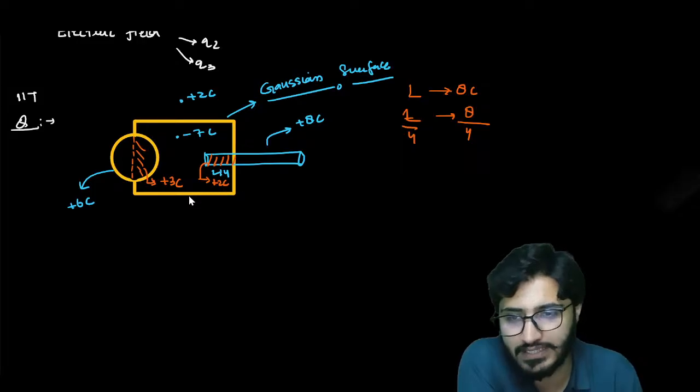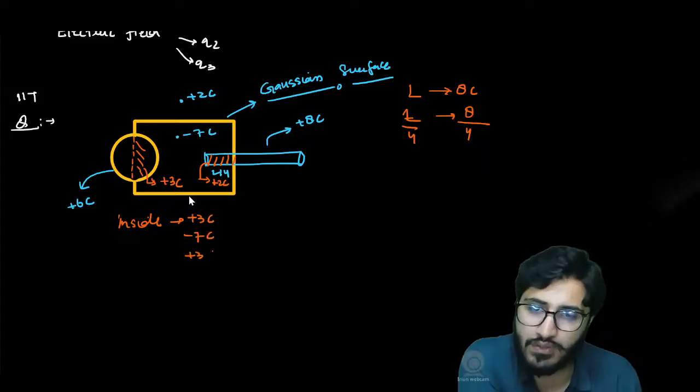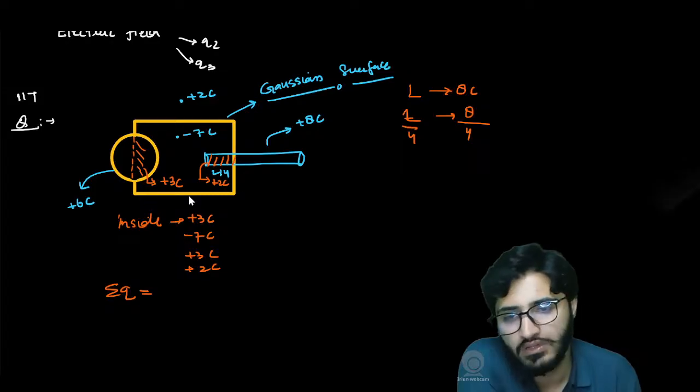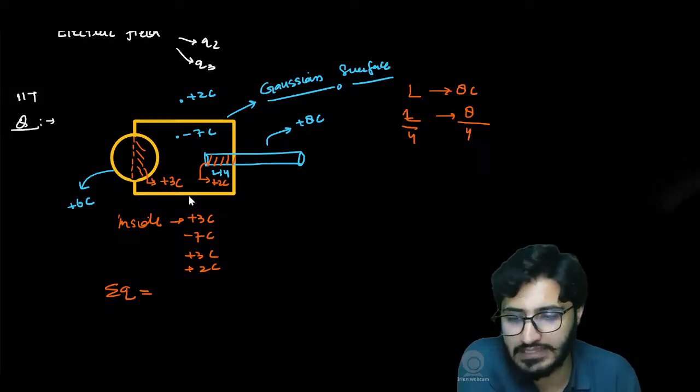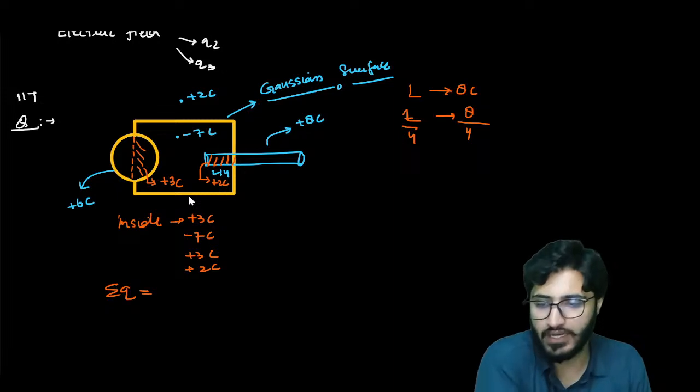Look inside. Inside charge I have plus 3 coulomb, then minus 7 coulomb, then plus 2 coulomb. So what is the summation of Q?